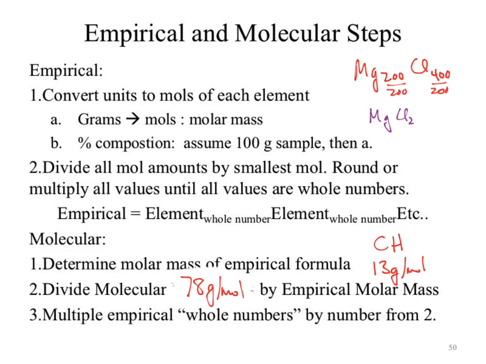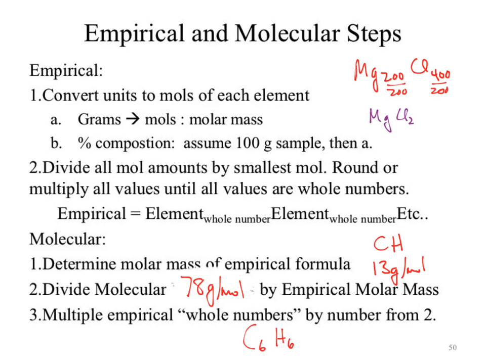I will multiply the empirical whole numbers by whatever the number was that came out of step 2. What was my empirical whole number for carbon? 1. What was the number that came out of step 2? 6. So my molecular formula is C6H6. What was the formula for benzene? C6H6.